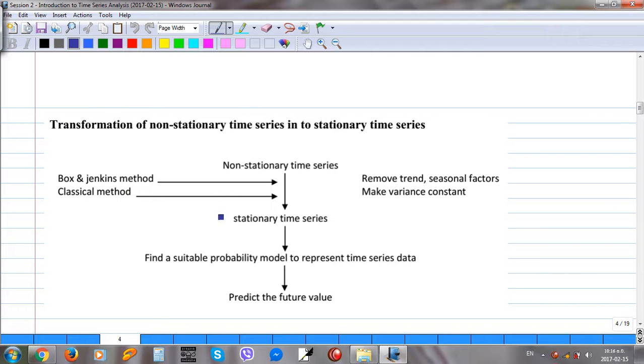Then you can convert the non-stationary time series into a stationary time series. Then find a suitable probability model to represent the time series data, and finally predict the future values. If you have a non-stationary time series, you have to remove these variations and convert it into a stationary time series. Then you can do the predictions.